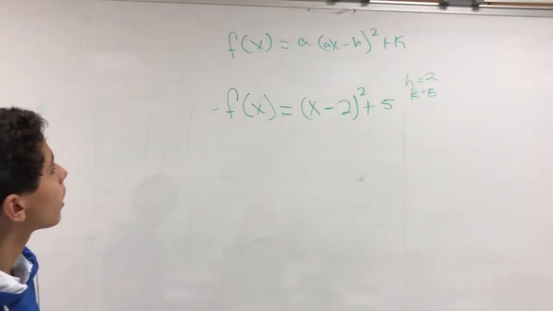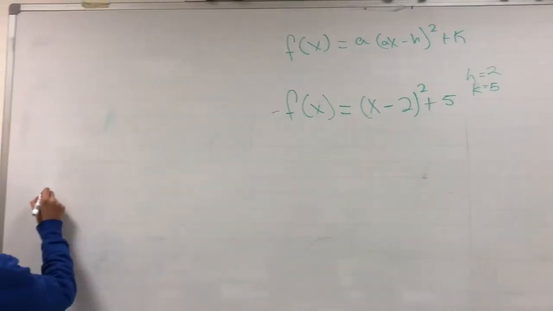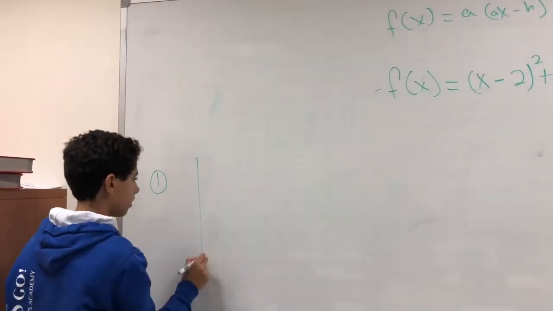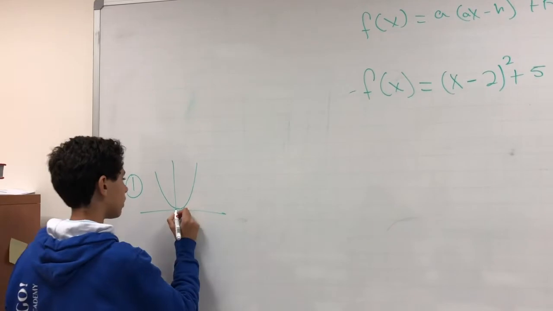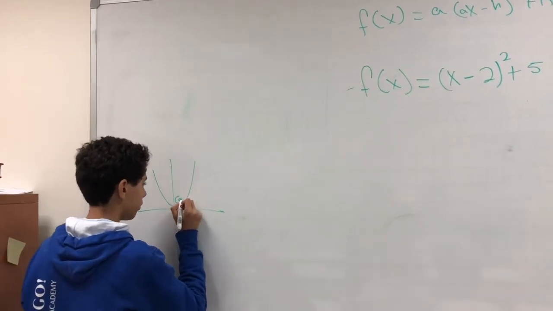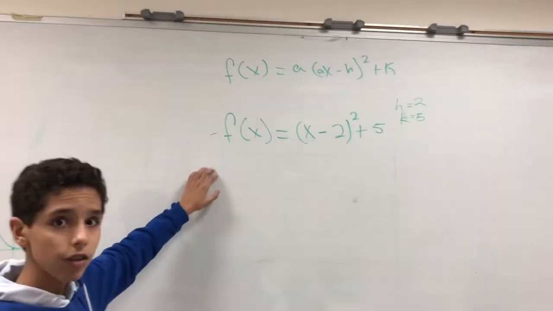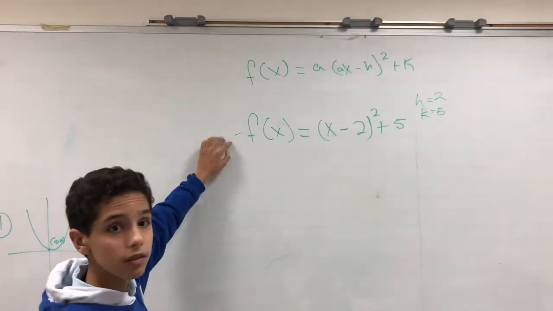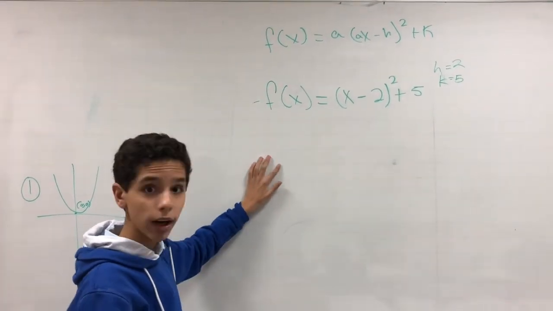Now let's start drawing this function before going to this function. So we can see that the first function we have is a parent function with the vertex over here at the point (0, 0), which is the origin. Now let's start with the first transformation we could see, which is a negative over here. This negative shows a reflection over the y-axis.